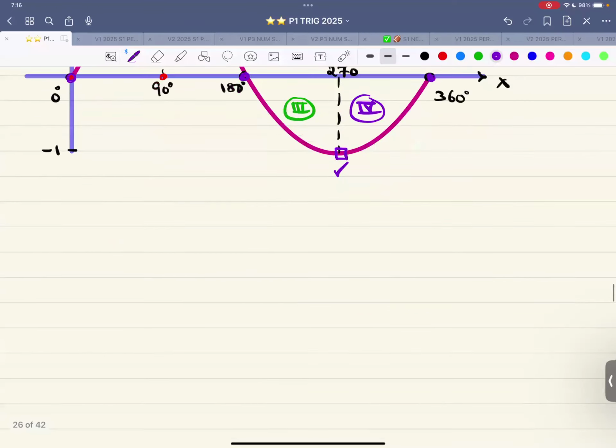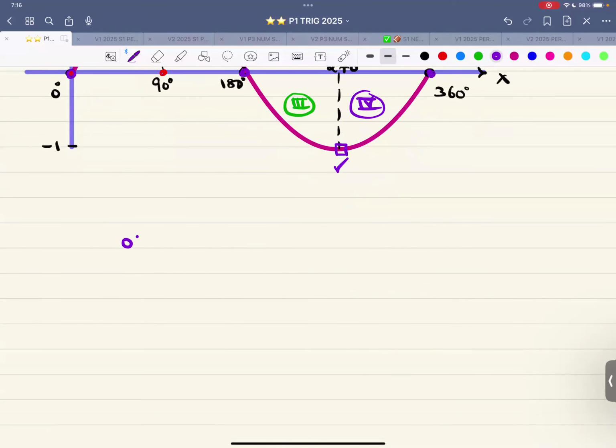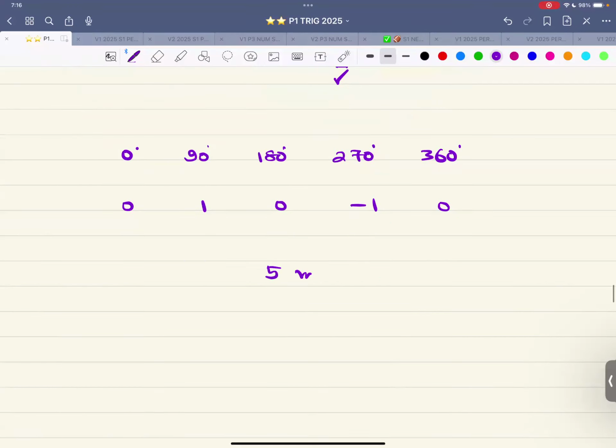So 0, 90, 180, 270, 360 with values 0, 1, 0, negative 1, 0. These are the five major points that you need to show in the graph.